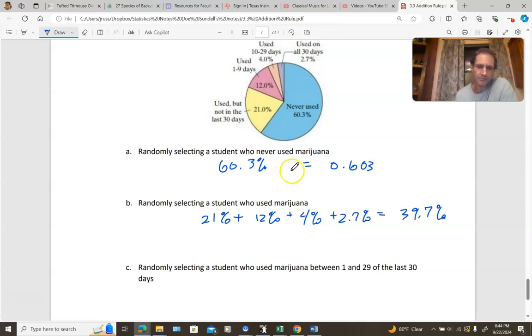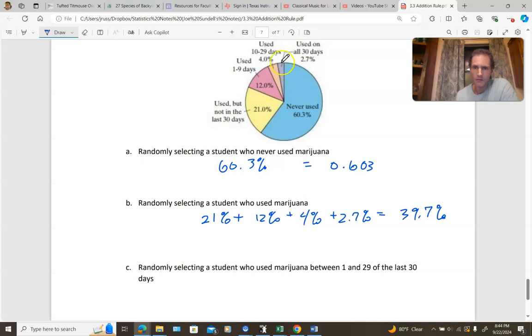All right, part C, randomly selecting a student who used marijuana between 1 and 29, oh wait, I'm reading this wrong, who used marijuana between 1 and 29 of the last 30 days. Okay, so what you've got to do here is add up the probability that a student used it anywhere between 1 and 9 days ago, plus the probability that the student used it anywhere from 10 to 29 days ago.